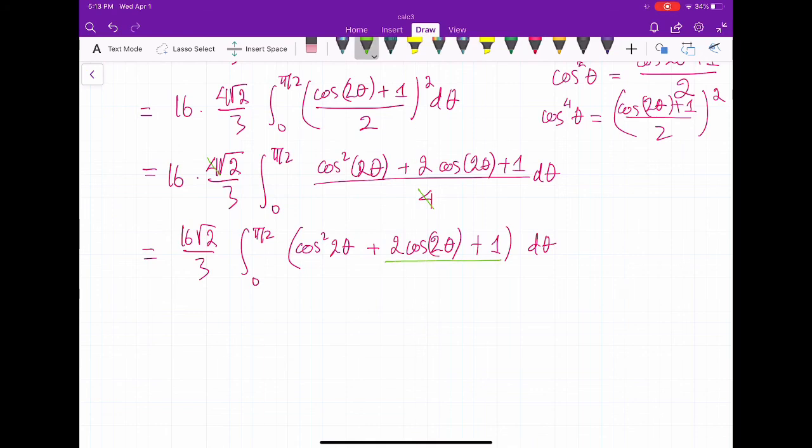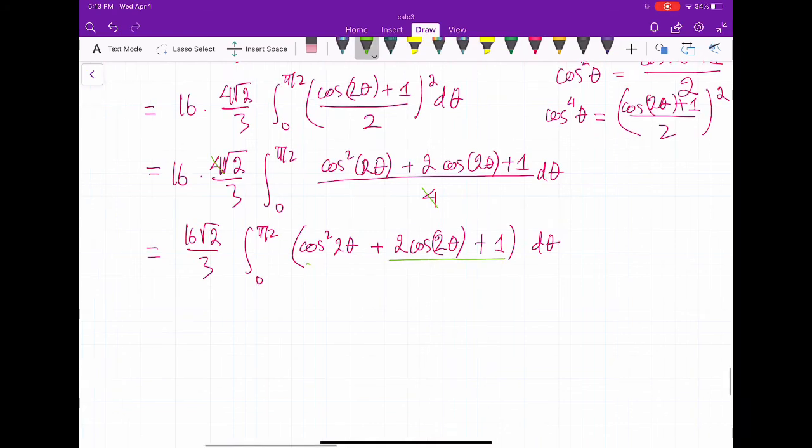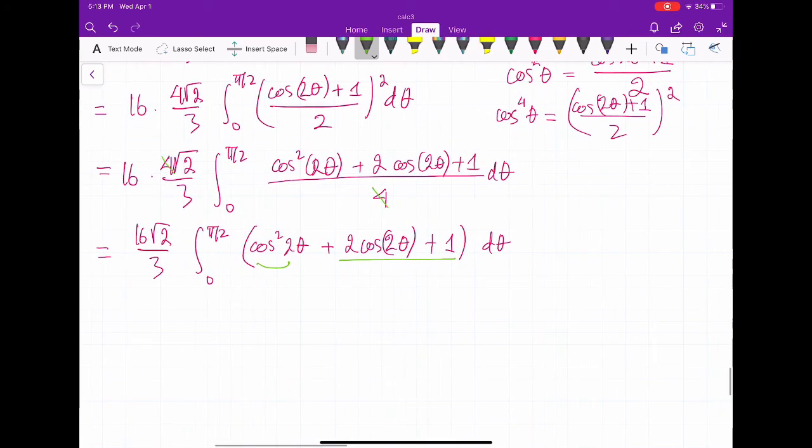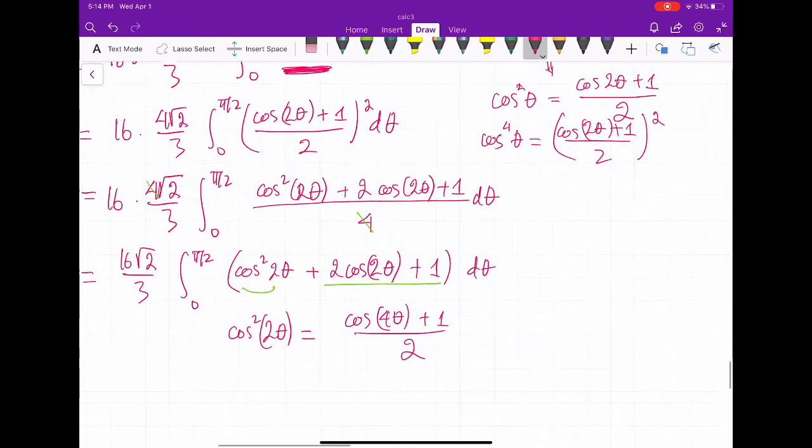For this, we are good. For this, we still need to use the double angle formula. Okay? So by the double angle formula, I have cosine squared 2 theta is equal to cosine 4 theta plus 1 over 2. Look at this.